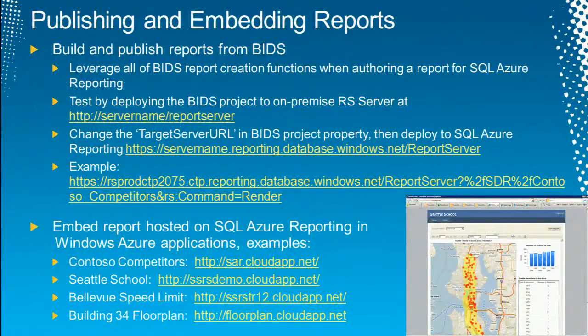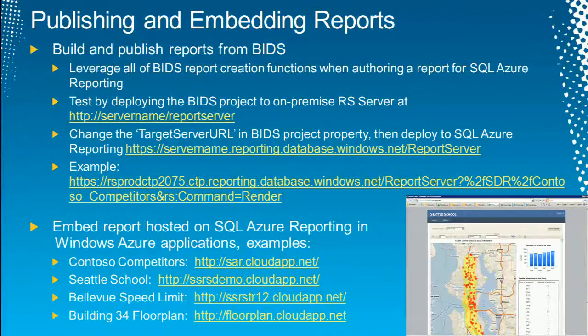The other thing I mentioned was publishing. It's just changing the URL that you target. So right now, if you're in SharePoint mode, you publish to SharePoint mode, you put in an HTTP. When you publish to the cloud and SQL Azure reporting, the only difference is the URL that you're putting in. And that's really important, right? Because now you can have one design. You can run it on-premise or in the cloud.